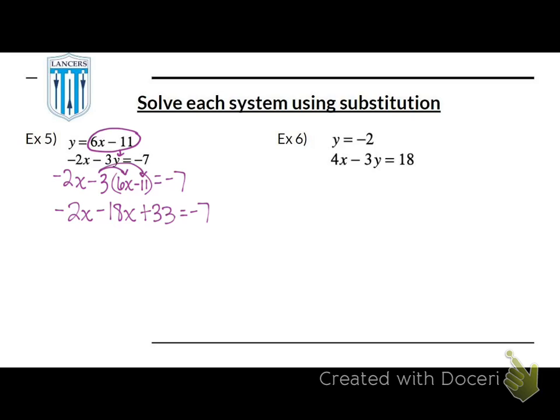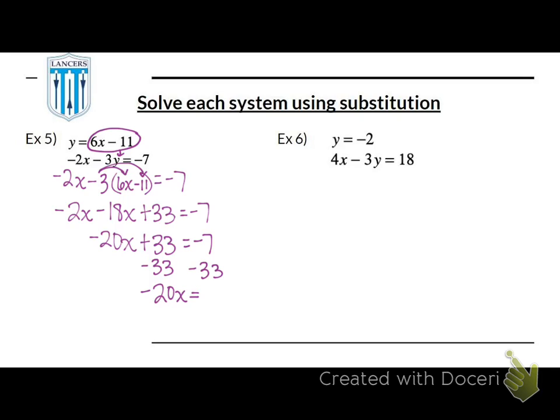Combine like terms, negative 2x minus 18x. Dominic? Negative 20. Negative 20x plus 33 equals negative 7. My next step, trying to get x alone. What should I do? Subtract the 33 on both sides.